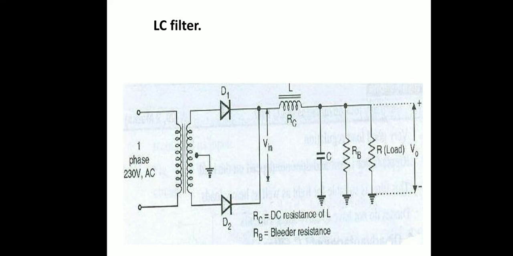The filter circuit can be constructed by the combination of components like capacitors, resistors and inductors. Inductor is used for its property that it allows only DC components to pass and blocks AC signals.